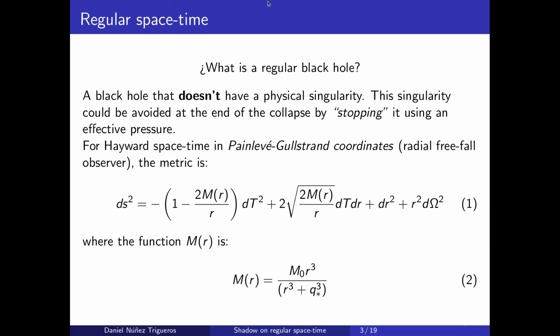The mass distribution function for Hayward is here in 2. It depends on the mass parameter M and on the Hayward parameter length, that is Q star. And you can see that if we take Q star equal to 0, we recover the Schwarzschild solution.